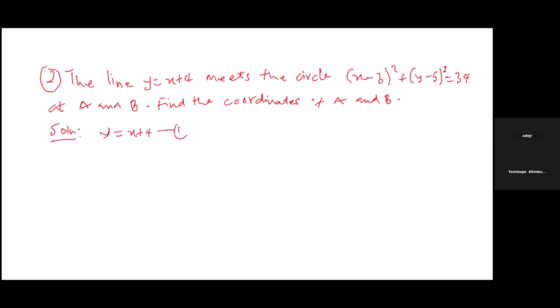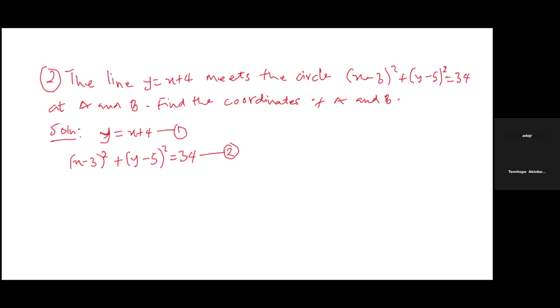The equation of the circle, x minus 3 squared plus y minus 5 squared equals 34. Let's tag that equation 2. So in equation 1, y is already the subject, meaning that we can replace y with x plus 4 in equation 2.